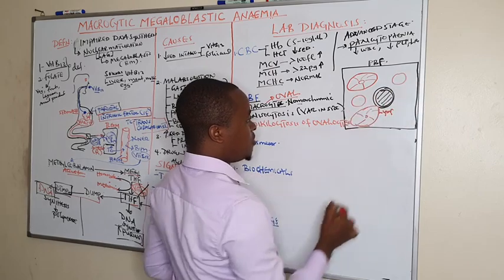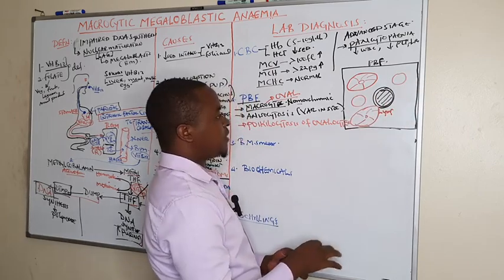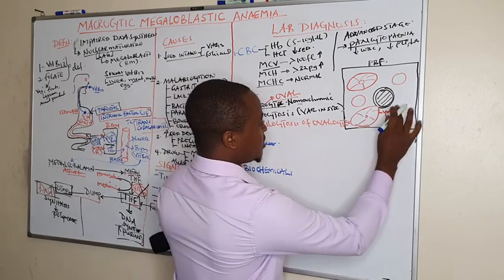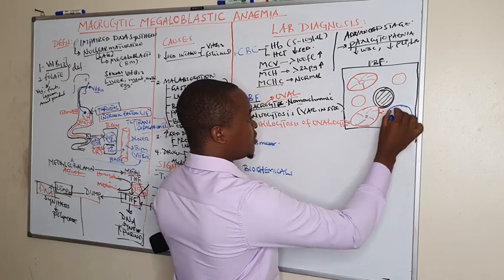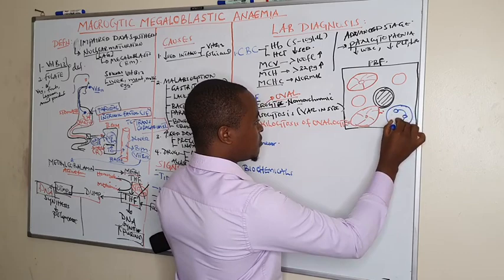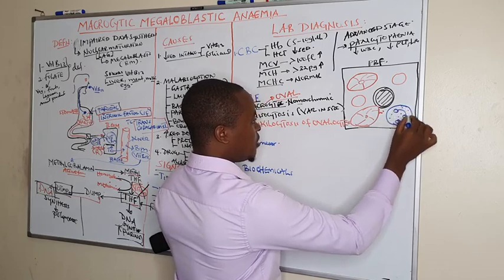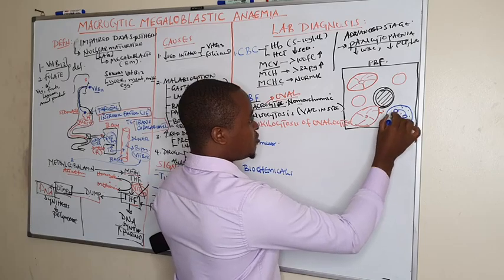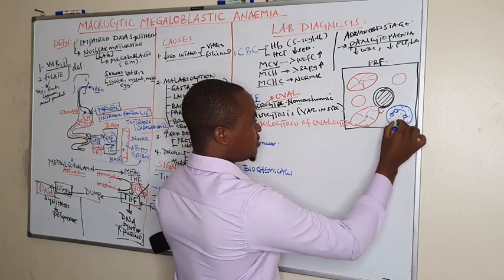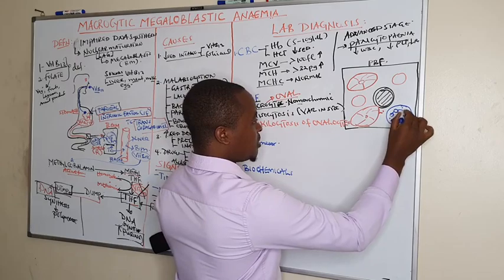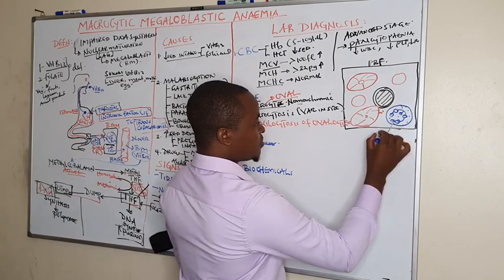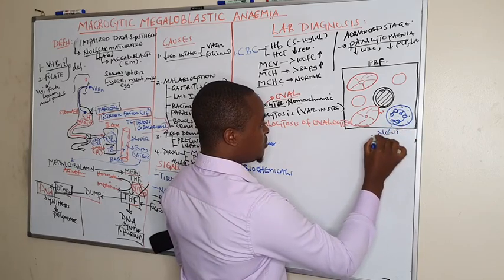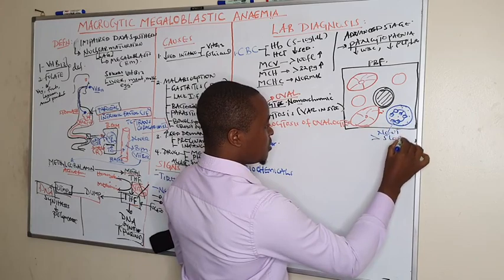And then another peculiar thing we are going to find is, if this is a neutrophil with granules, we shall find the neutrophil is hypersegmented. We shall find hypersegmentation of the neutrophil, whereby the neutrophil has greater than 5 lobes.